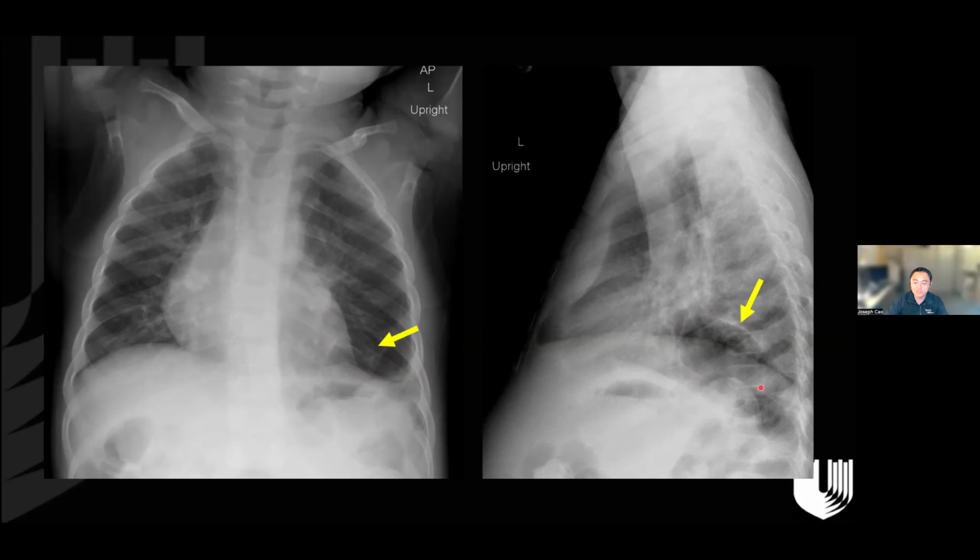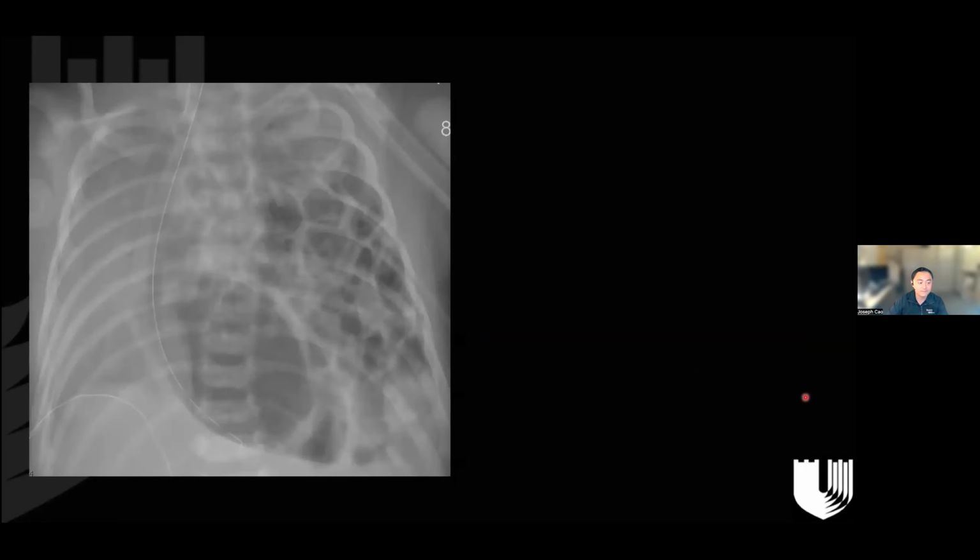These are the rounded lucencies where you worry about bowel herniating back up through a recurrent defect after the repair. However, if you closely interrogate that, you'll see a nice curved line, nice preservation of this diaphragmatic loop. There's a small eventration, but this is not bowel herniating upwards. So this is actually just postoperative scarring. This is a pitfall where you can overcall a breakdown of your CDH repair.